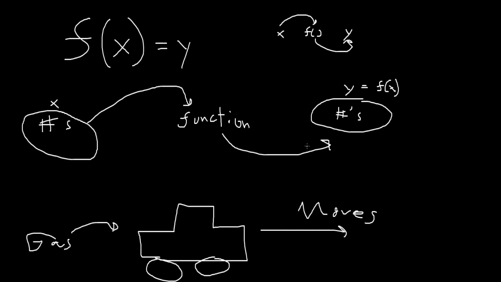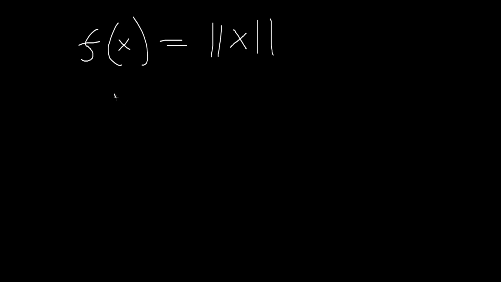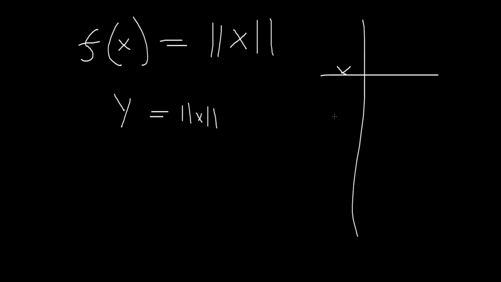And there are specific kinds of functions that do specific things. One of the ones we talked about in the previous lesson was absolute value. If I were to describe the function of absolute value, that would mean that f of x is equal to the absolute value of x, or that y is equal to the absolute value of x. So x could be any number I could think of. I could put in -3, -2, -1, 0, 1, 2, 3, so on and so forth, right?